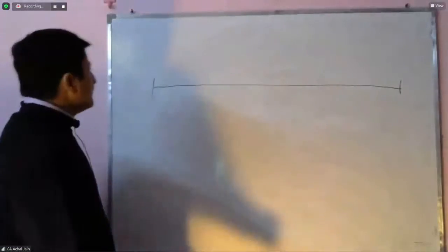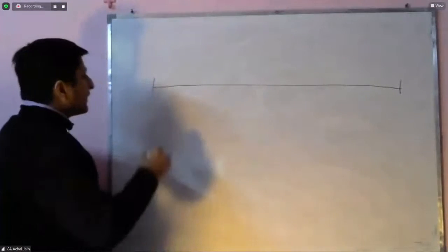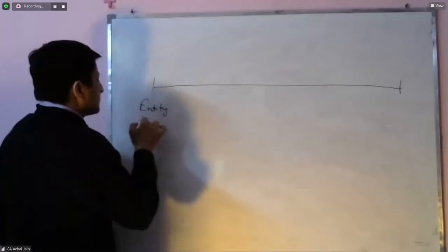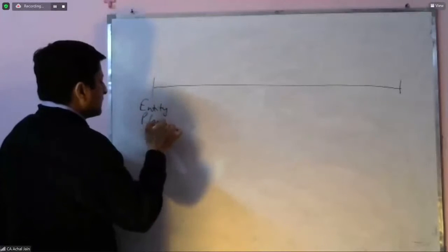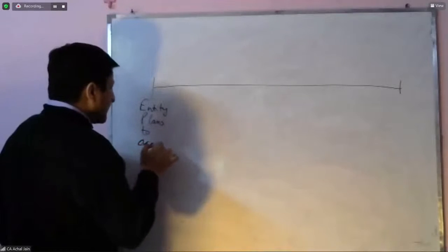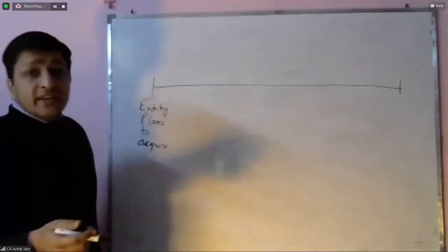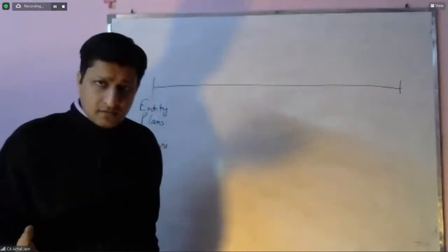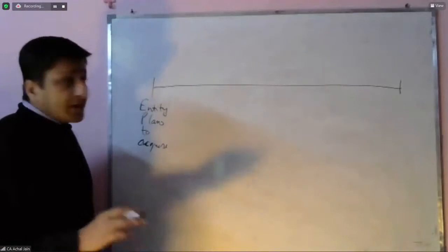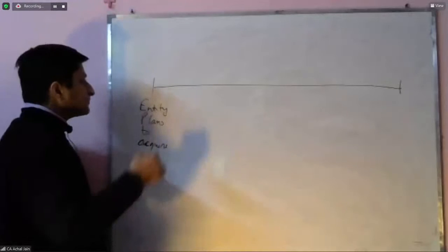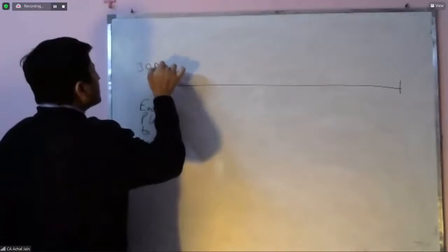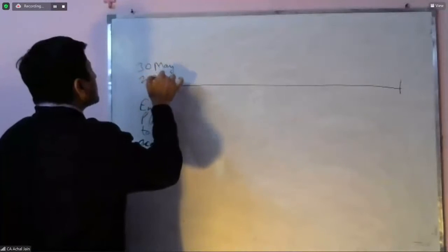Let's understand this. So let's suppose this is the date when the entity planned or plans to acquire. So internally, the entity planned that they will acquire another company. And we are talking about the acquirer now. So let's suppose this was 30th May 2020.